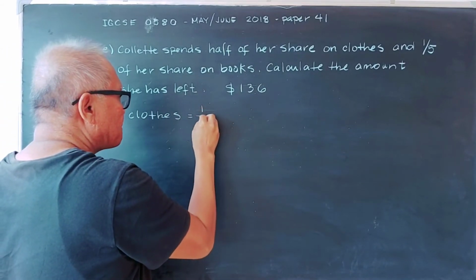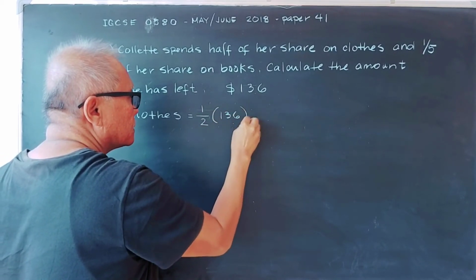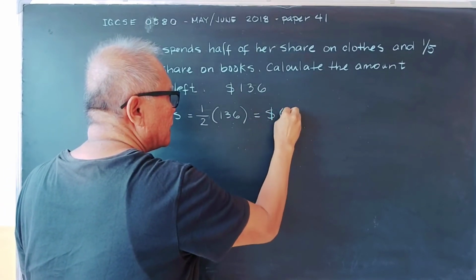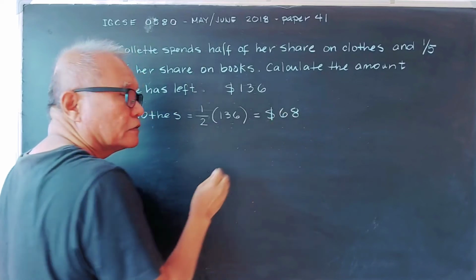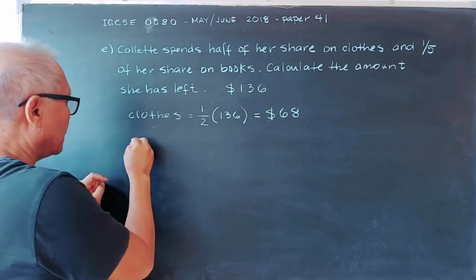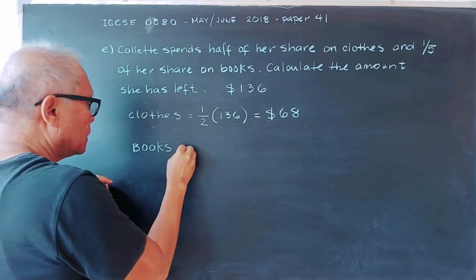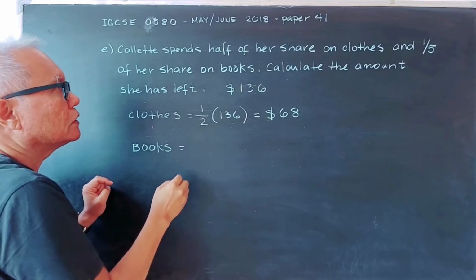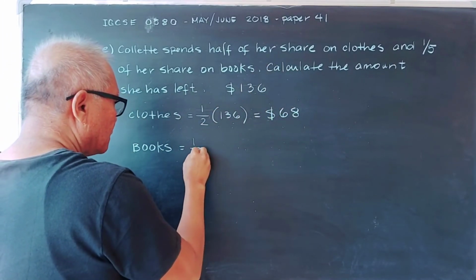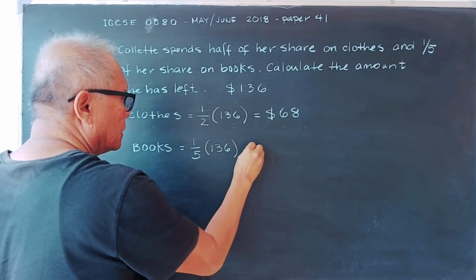So 1/2 of 136 is $68. So she spent $68 for her clothes. And for books, she spent 1/5 of 136 here.